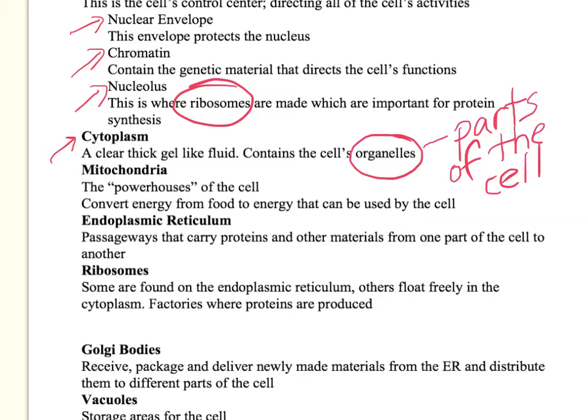The mitochondria, we're right here now. The mitochondria we call the powerhouse of the cell. So it's basically where all our energy is made. What it does is it takes the energy from the food that we eat.